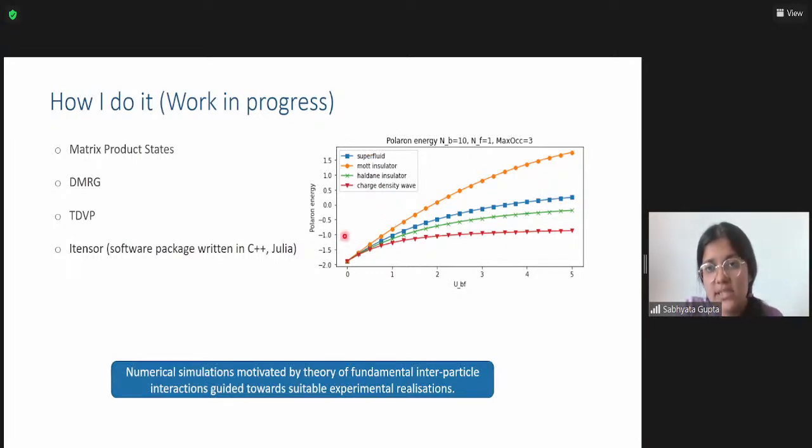This work is in collaboration with an experimental group at ICFO itself, who are trying to realize a quantum many-body system of dipolar bosons, and they are trying to add fermionic impurities to them. So my work is to identify parameter regimes so that those parameters can be tuned experimentally to realize different phases.